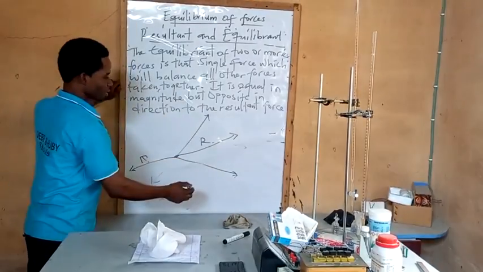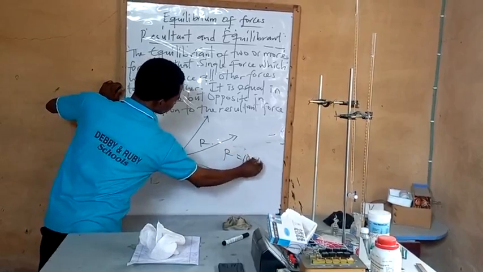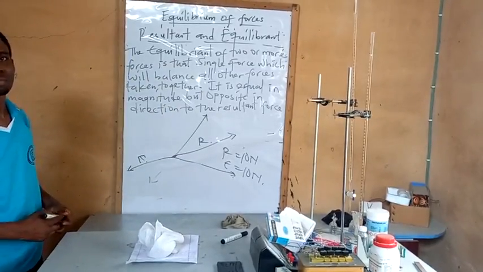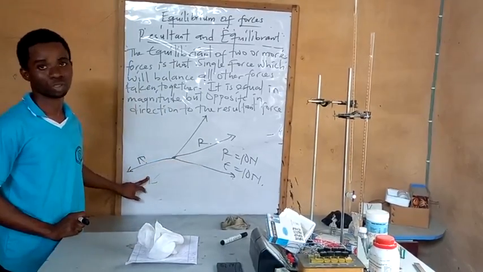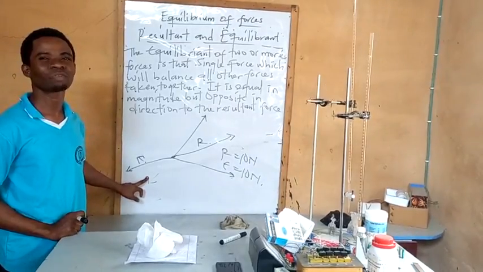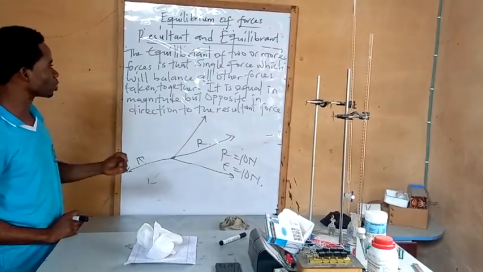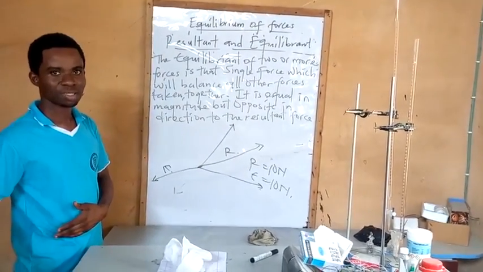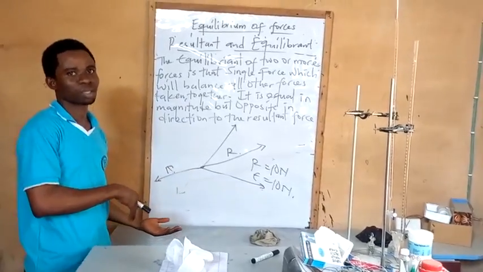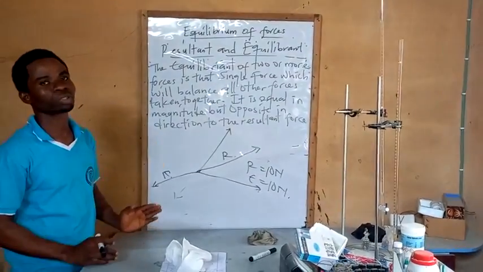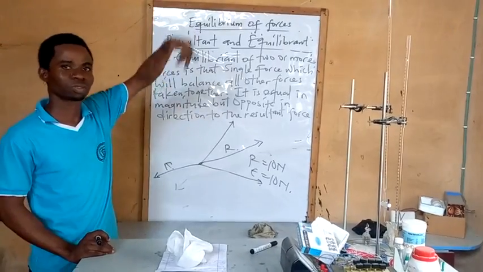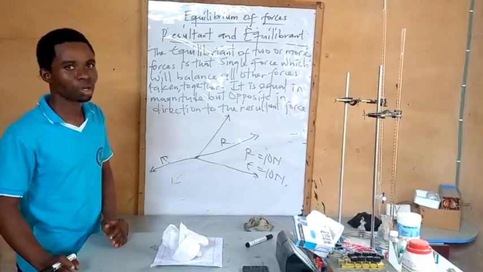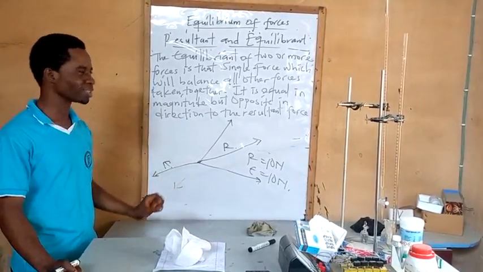If I've worked it and got my resultant to be 10 Newton, then equilibrium also is 10 Newton, having the same magnitude as the resultant force but in the opposite direction. That means if I get the resultant to be 10 Newton east, the equilibrium will be west. If I get the resultant to be 10 Newton north, the equilibrium will be 10 Newton south.